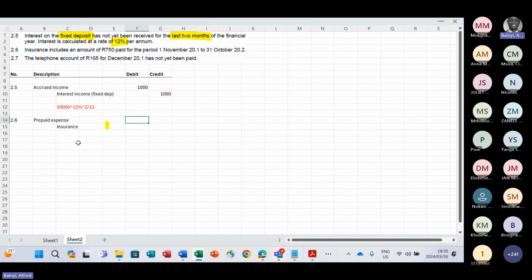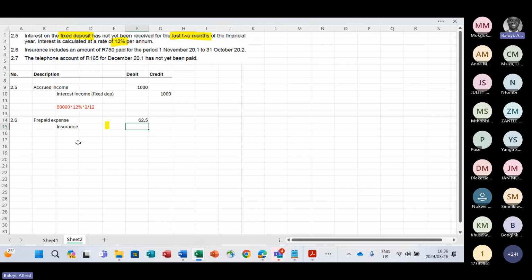So basically what they're saying is that the amount of 750, right, was paid for the period outside our financial reporting period. So how much is the insurance for the month?